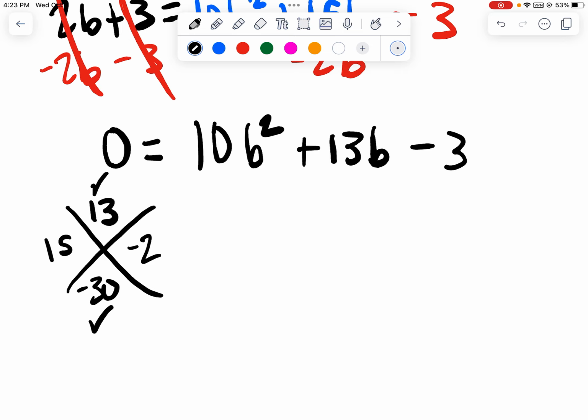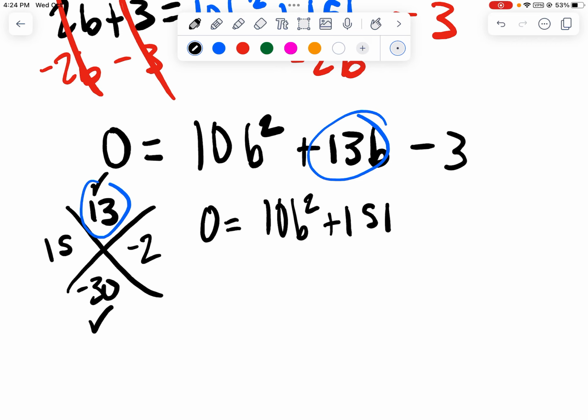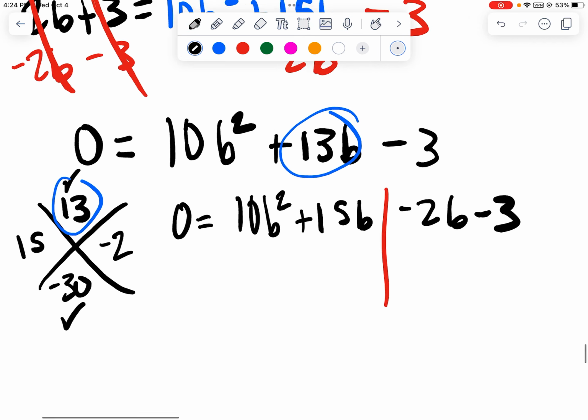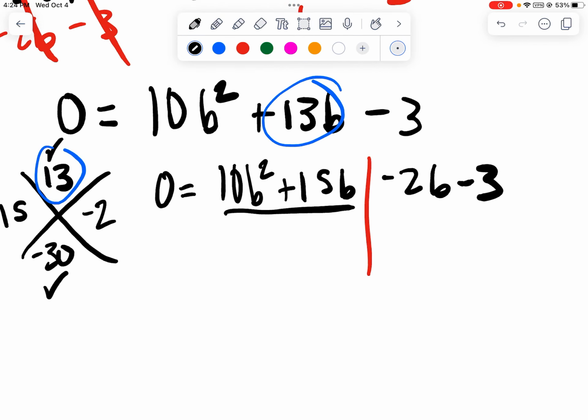Awesome. Now remember, the whole reason we look for numbers that add to 13 is because we replace the 13, so we have 0 equals 10b squared plus 15b minus 2b minus 3. Solving by factoring, we want to split down the middle. The left side, what do they have in common? A 5b.